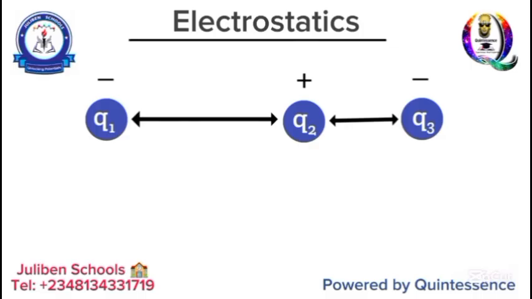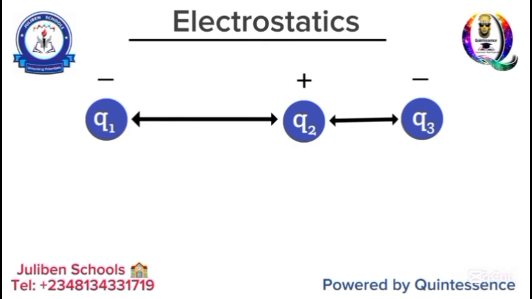The gospel truth about it is that Q1 that is negatively charged and Q2 that is positively charged will experience a force of attraction, while Q1 that is negative and Q3 that is also negative will experience a force of repulsion. However, because Q2 is closer to Q1 than Q3, Q2 will have a higher force of attraction than the repulsive force coming from Q3, because Q3 is very far away from Q1.